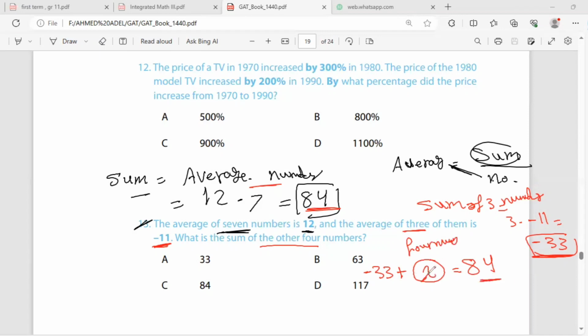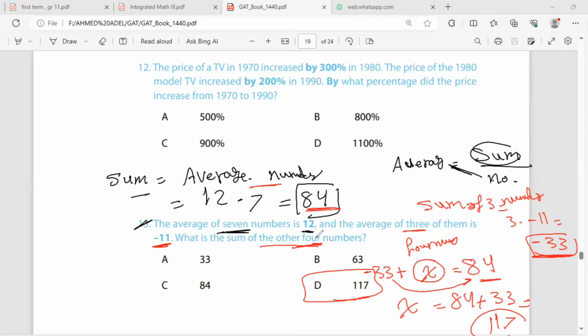So to find the sum of the 4 numbers, you have to add 33 to both sides. So it's going to be 84 plus 33, which is 117. The sum of the 4 numbers is 117, because when you add 117 plus negative 33, it's going to be 84, and 84 is the sum of all 7 numbers.